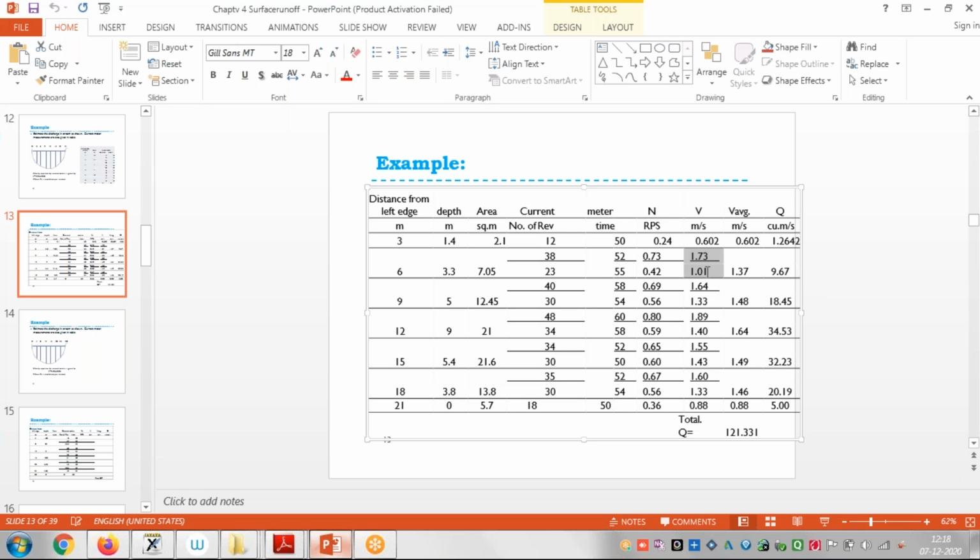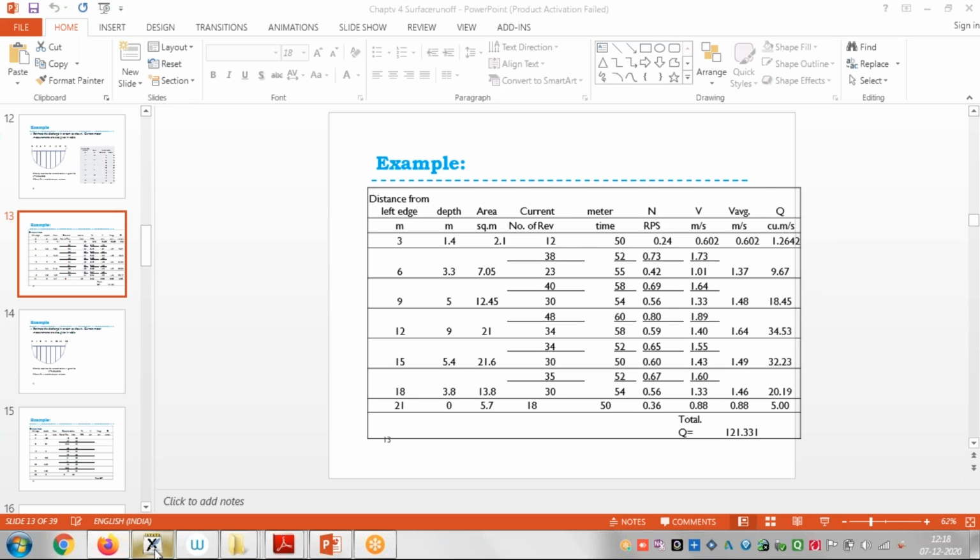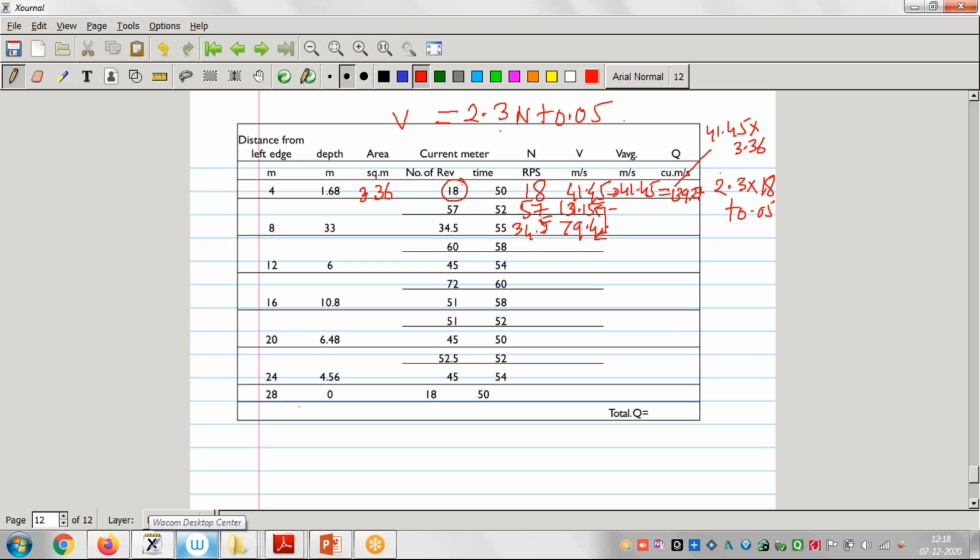Similarly, we will take the average of these two. How much are you getting? 131.15 plus 79.4 divided by 2. 105.275, correct.